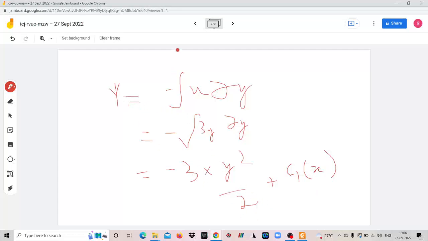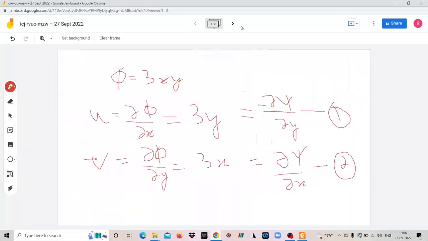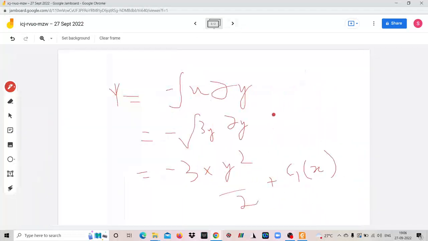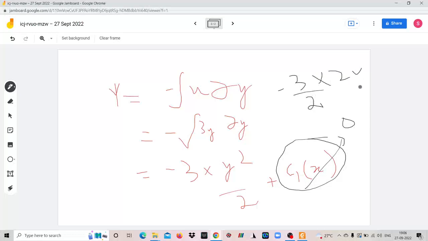If we do del psi by del y with a minus, what will you get? This part will vanish entirely because it is a function of x, so del psi by del y will be 0. And here you get minus of 3 by 2 into twice y, which is minus of 3y, but u is equal to minus of del psi by del y, so it will be 3y finally.